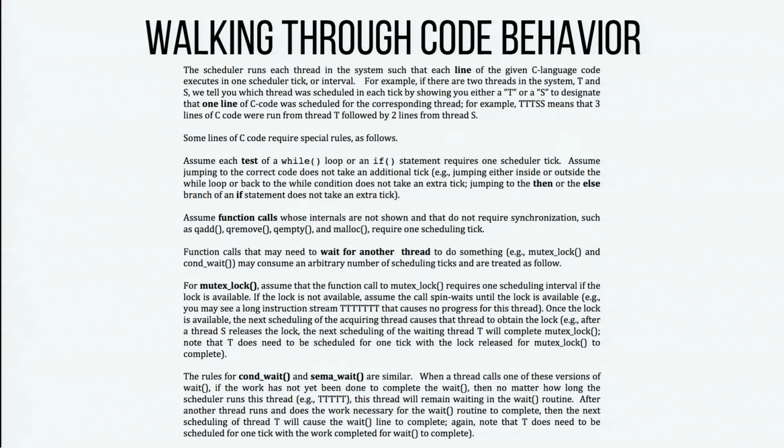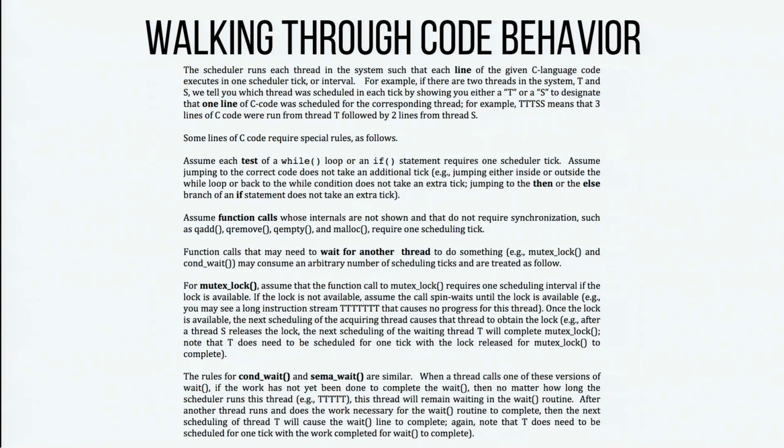I want to show what happens with mutex lock. If a lock is available, then it will just take 1 timer tick to grab that lock. And then the next tick, you'd execute the statement that's after that lock. But if the lock is currently held, then no matter how many timer ticks your thread is scheduled, you're not going to return from that lock statement because you're waiting for someone else to get scheduled and release the lock for you. So that's what all of this is saying.